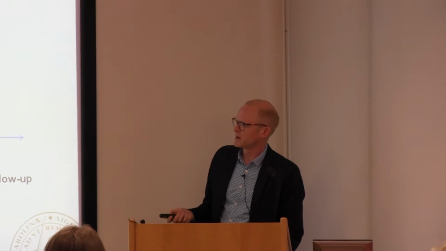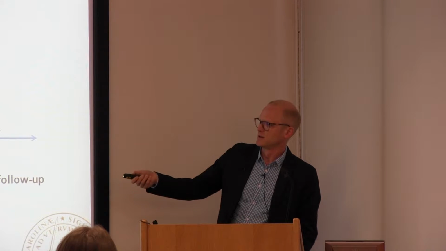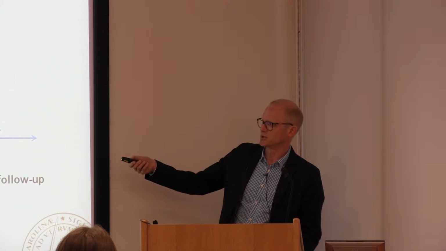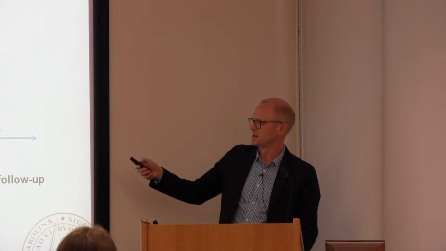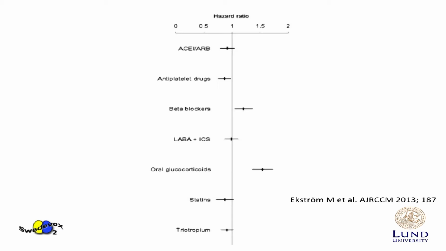And we then looked at how this time-dependent exposure to different cardiovascular drugs was associated with mortality. This is the main outcome of that study. So this is an observational study. In this cohort of people with respiratory failure, beta blockers were associated with an increased mortality.